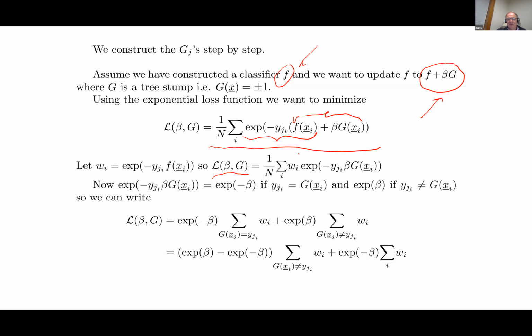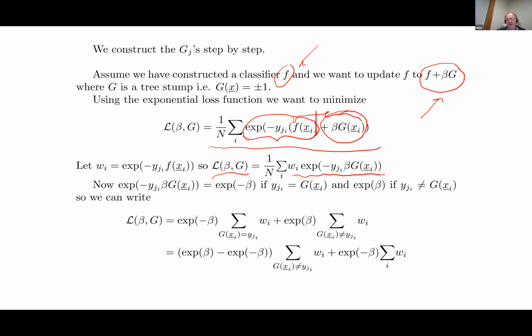And so we can then rewrite the loss function this way here. If you have an exponential of a sum here, that's a product of the exponentials. So it's wi times the exponential of minus yi times beta times g of xi. So we have the loss function can be written in this way here.